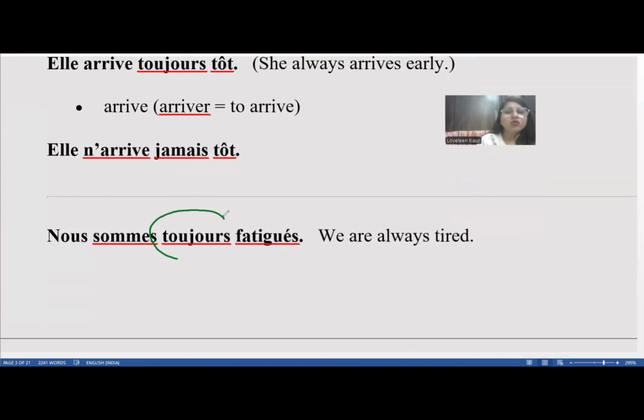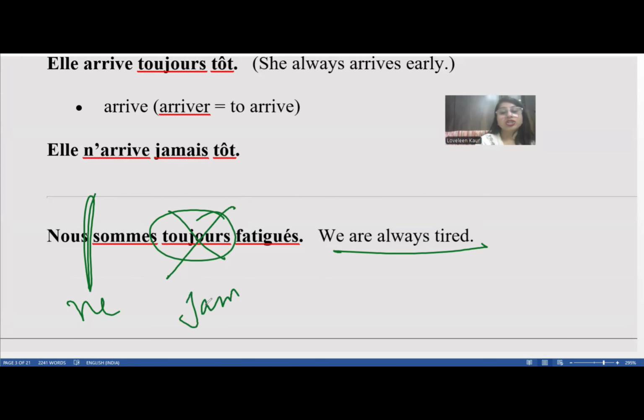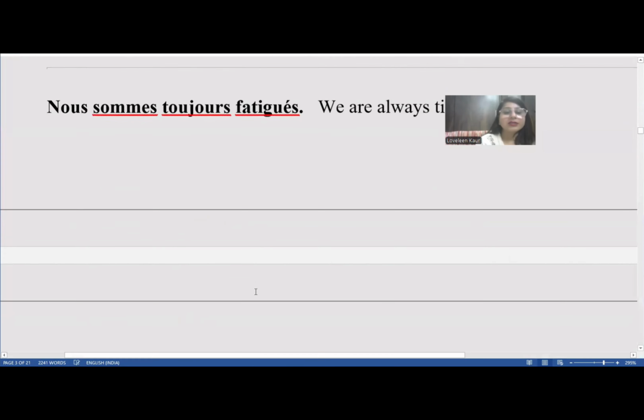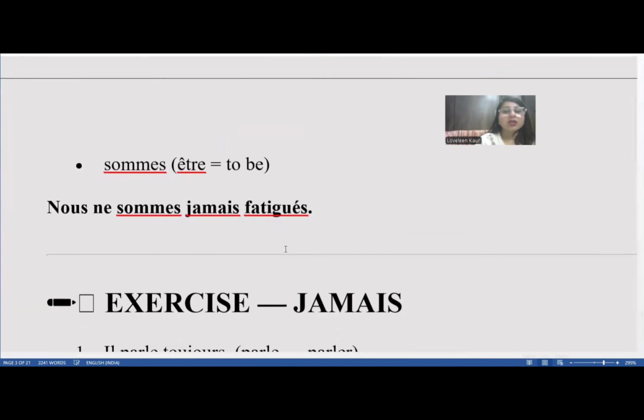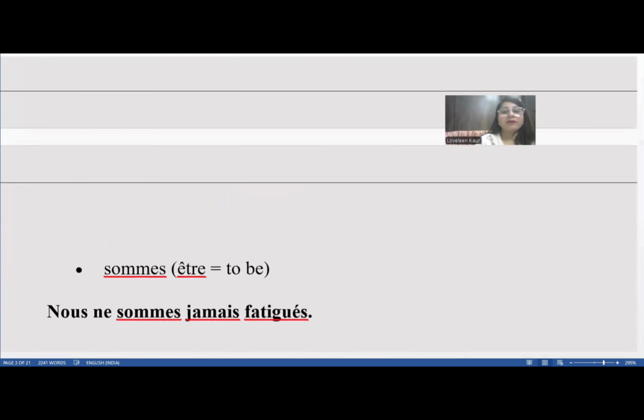Okay, so now for example the next is nous sommes toujours fatigués, we are always tired. So if you want to say we are never tired, we'll put here ne, and toujours will change to jamais. We'll say nous ne sommes jamais fatigués. Right?